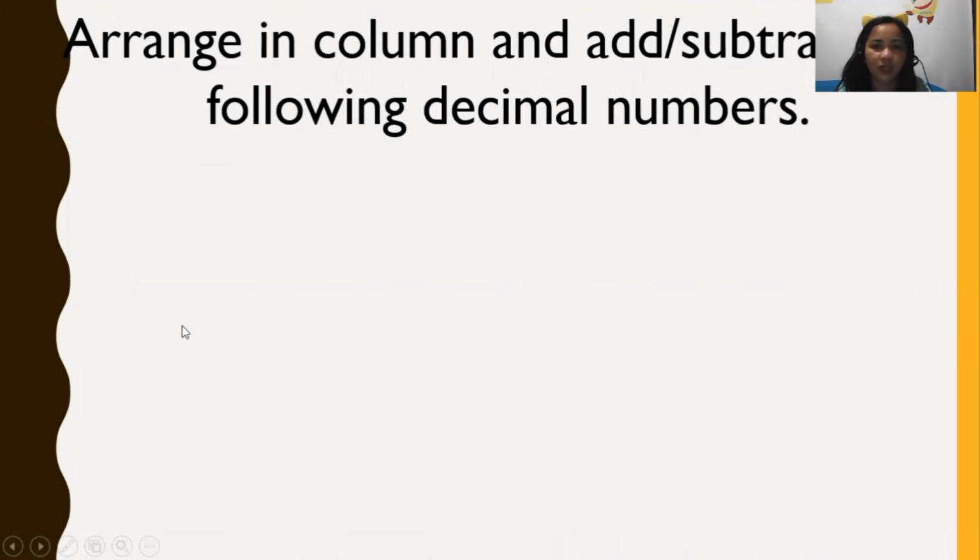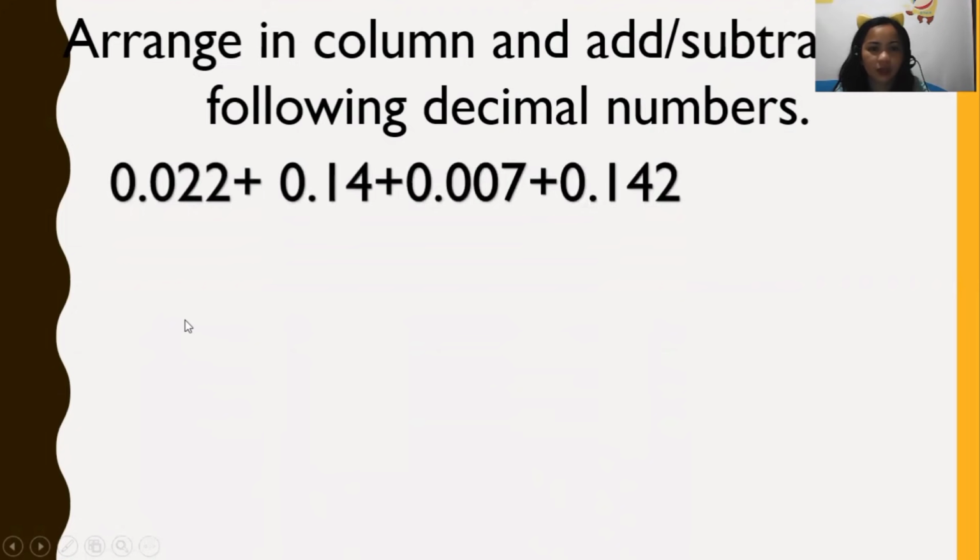Arrange in column, then add or subtract the following decimals. Now, let's arrange in column. We have 0.022. We have 22 thousandths. Then we have 0.14. We have 14 hundredths.